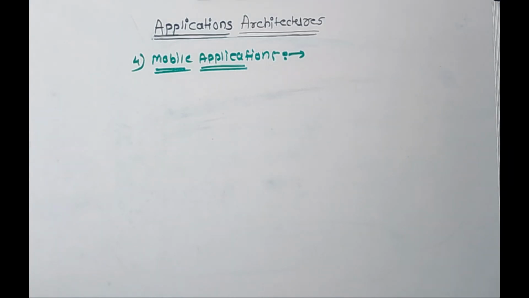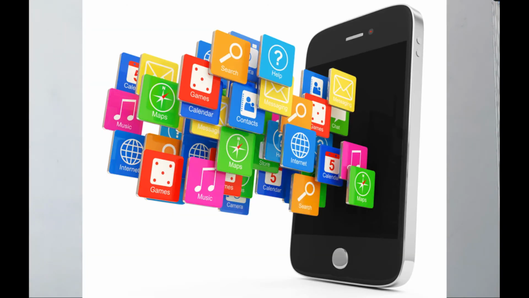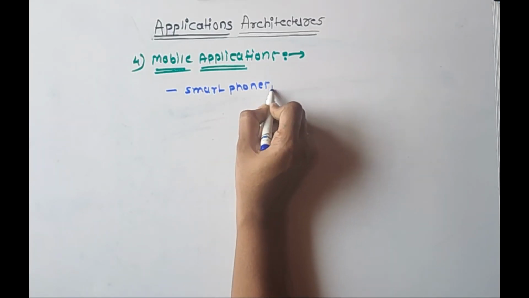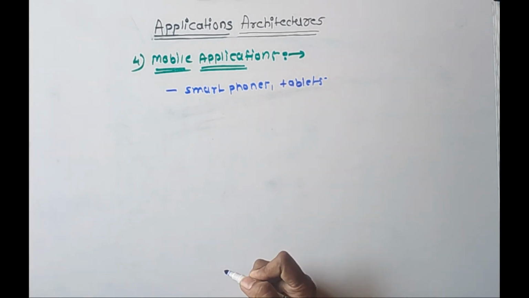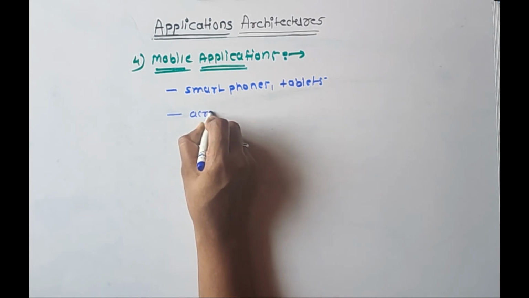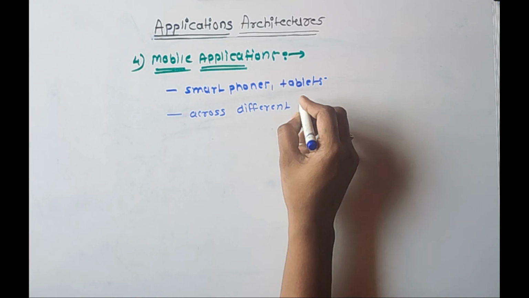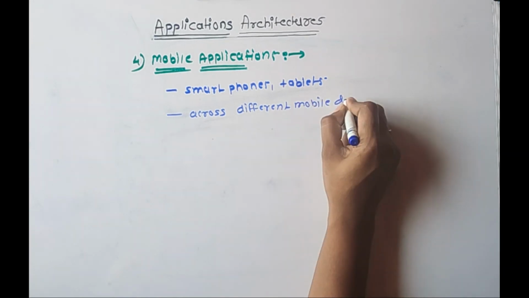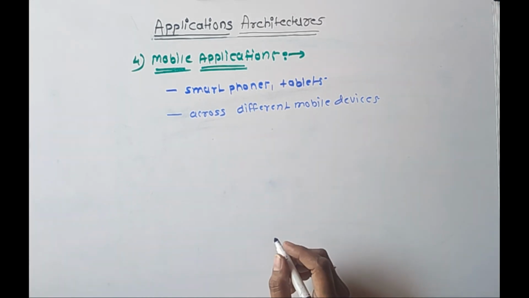Fourth architecture is mobile applications. Mobile applications are developed for use on smartphones, tablets, etc. Applications are downloaded and used across different mobile devices with different service provider networks.